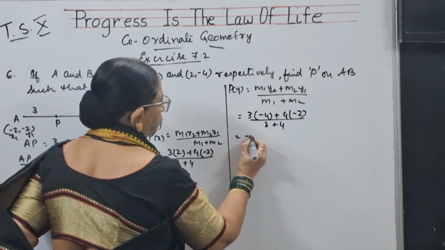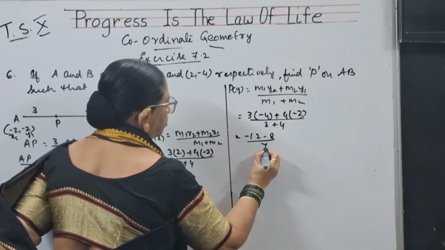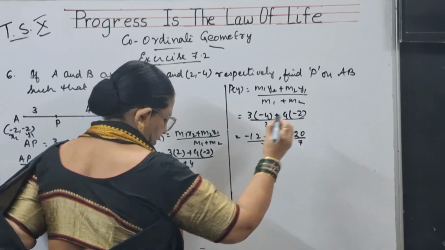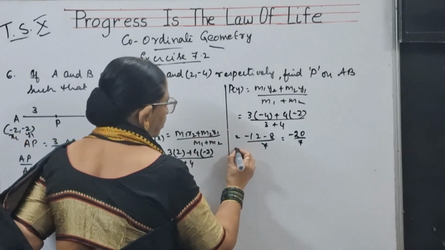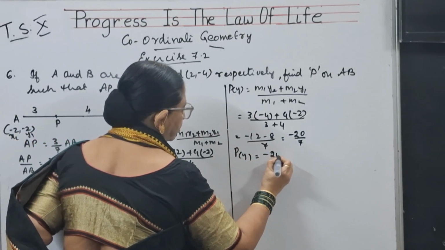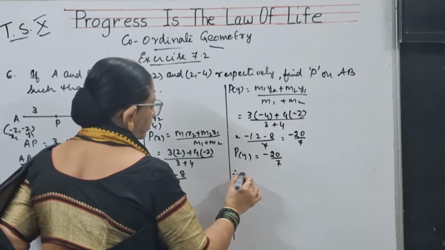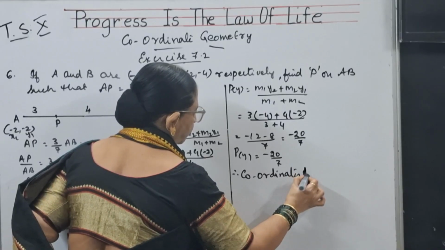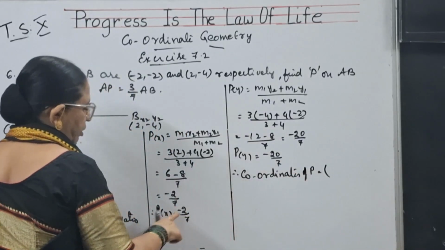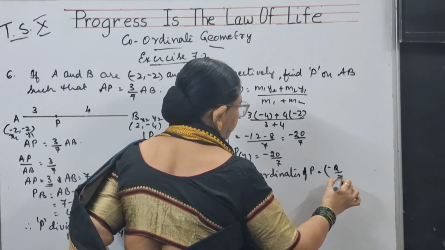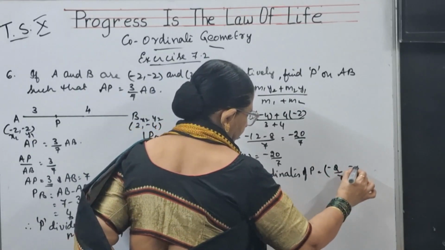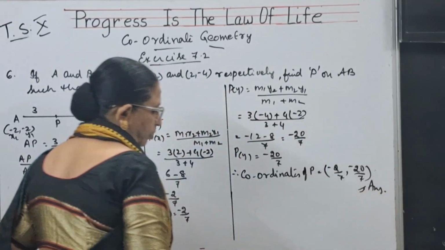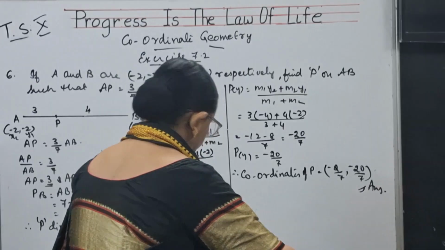That means minus 12 minus 8 by 7 means minus 20 by 7. So P of y is equal to minus 20 by 7. Therefore, coordinates of P is equal to P of x minus 2 by 7 and this is minus 20 by 7. This is the answer of sixth problem, children. Please note it down.